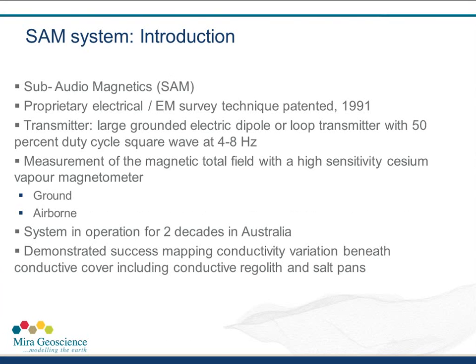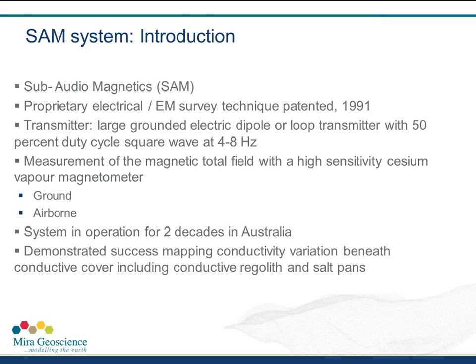So the SAM system, by way of introduction, is a sub-audio magnetic system. Sub-audio is what you can hear with your ear, so that's around 10 hertz and lower. This proprietary electrical and EM technique was patented in 1991 by Cattach, its inventor and developer.